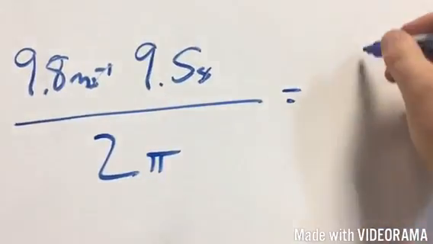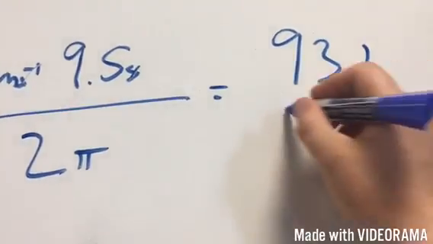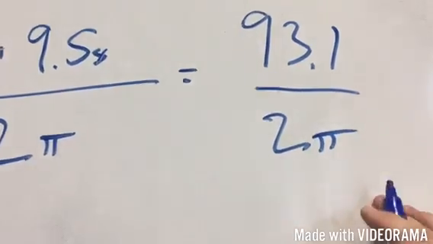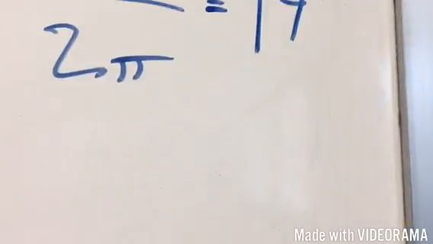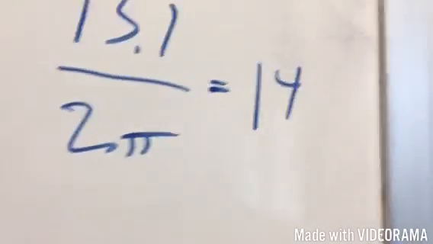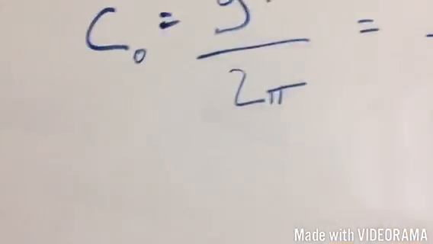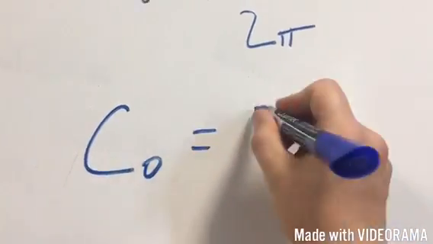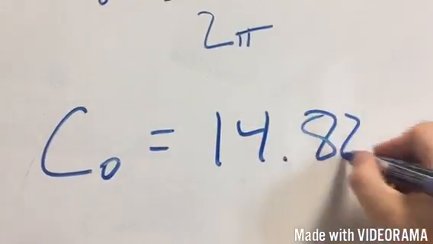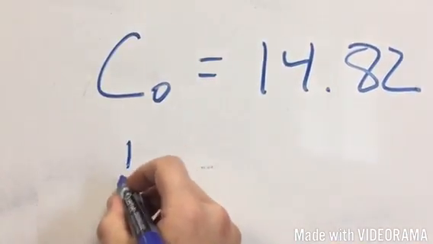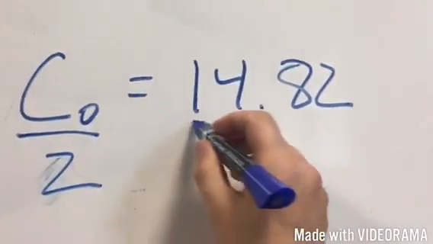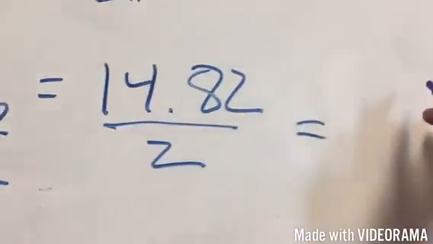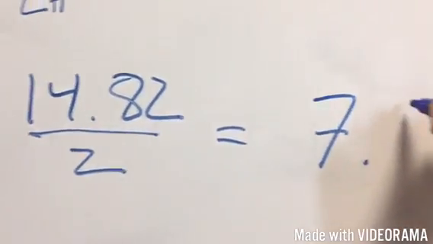So this winds up becoming something like 93.1 divided by 2 pi, which comes to 14.82. So C naught equals 14.82, which means C naught divided by 2 equals 14.82 divided by 2, which is somewhere around 7.41.